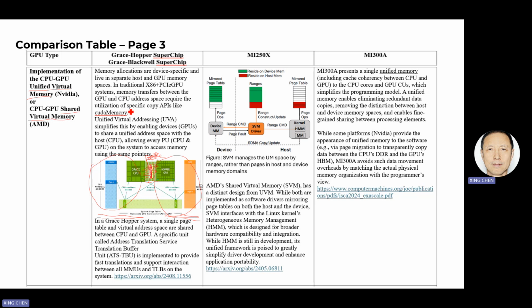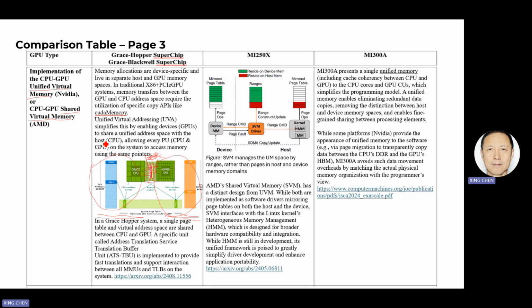If you still remember, in Section 1, Section 3 and Section 4, I have mentioned that you have to do this memory copy because the GPU cannot access the CPU's memory.